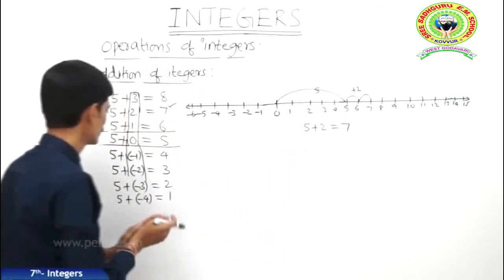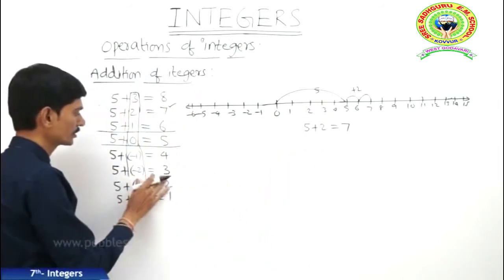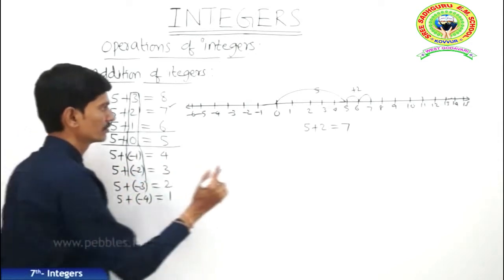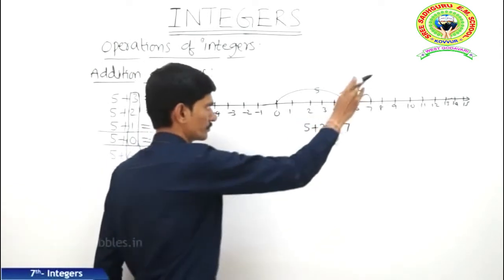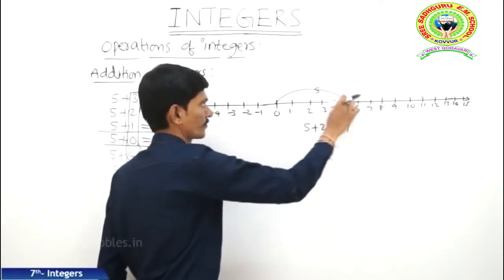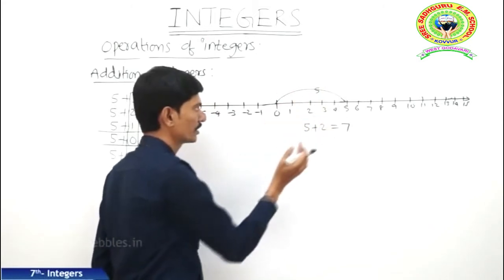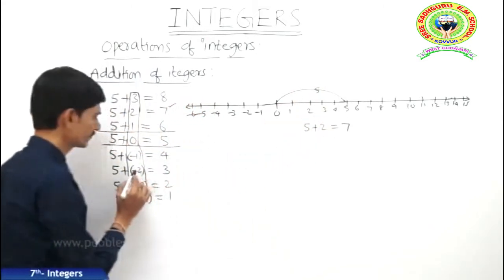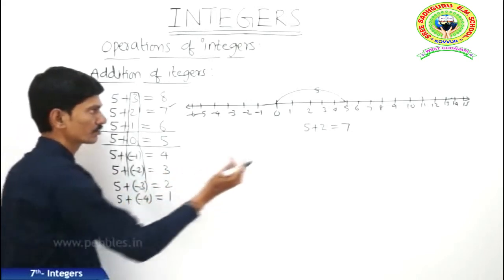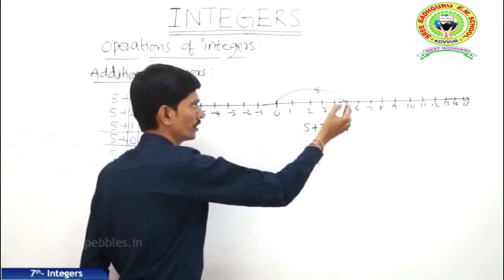And if you take a positive integer and a negative integer, then 5 plus minus 2, first 0 to 5, then minus 2. So what is the result when minus 2 is added to 5? The result is 3. So to reach 3, we should move left.